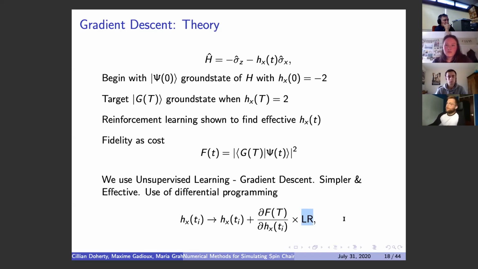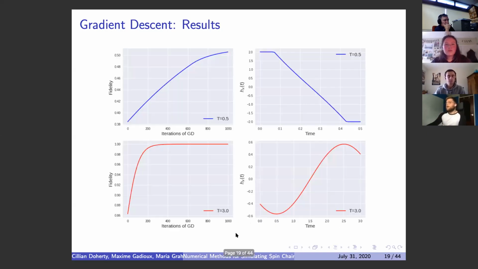And this LR stands for learning rate, which is another one of these things similar to the cost function where there's quite a lot of nuance to it, and there's no way I can do any justice to it. But it's essentially, for our purposes, something that determines the sensitivity of how quickly the algorithm will converge towards the local minimum. So we carried this out, and these were the results that we saw.